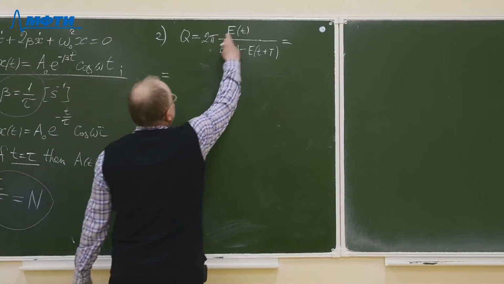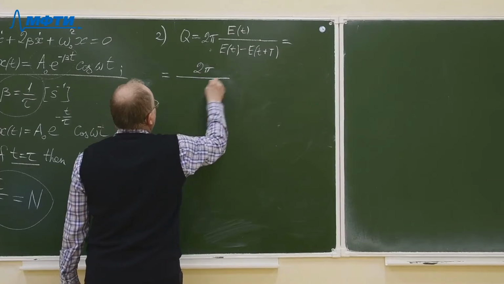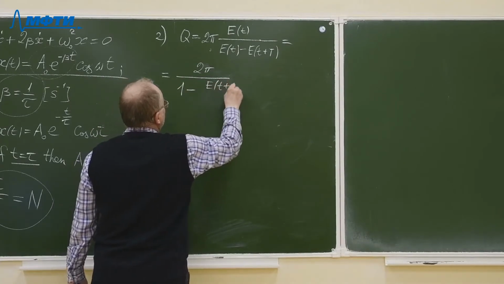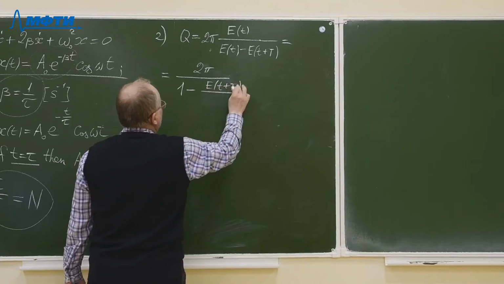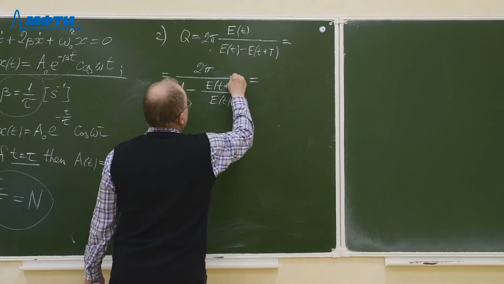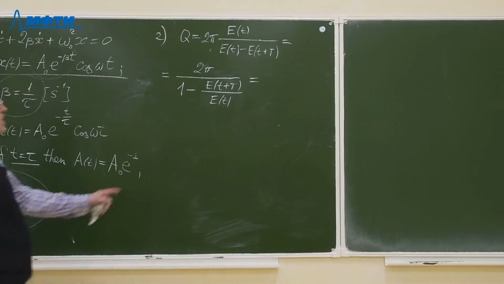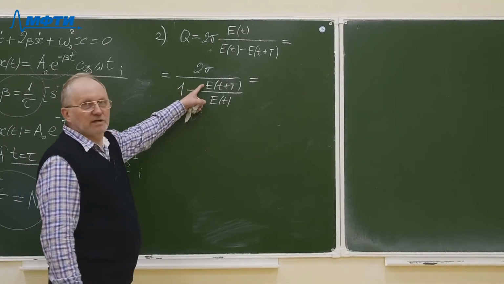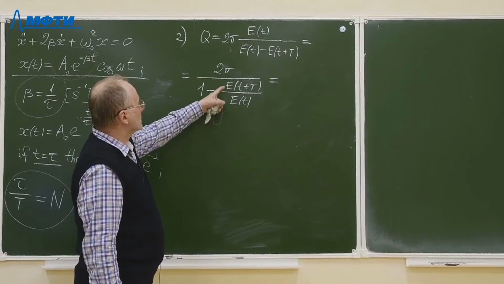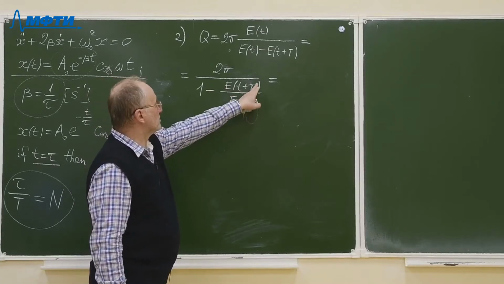So we divide this ratio by E and obtain 1 minus the energy at time moment t plus capital T divided by E at time moment t. So this is the ratio of energies accumulated by an oscillating system at two time moments separated by a period.